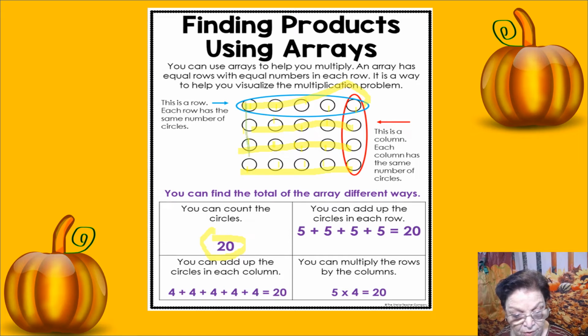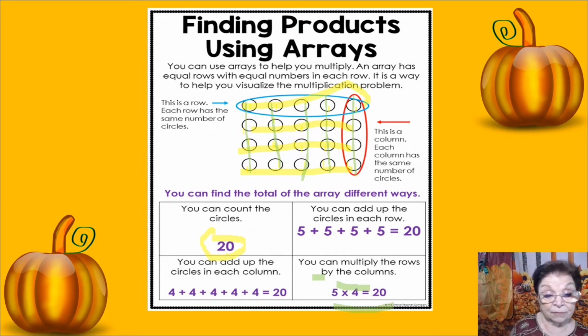Here's 4, 5, 6, 7, 8, 9, 10, 11, 12, 13, 14, 15, 16, 17, 18, 19, 20. Or the fastest way, you've got to learn your multiplication tables. You can multiply the rows by the columns. 5 times 4 equals 20.